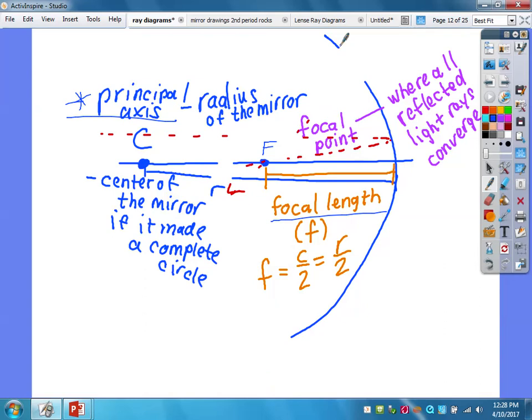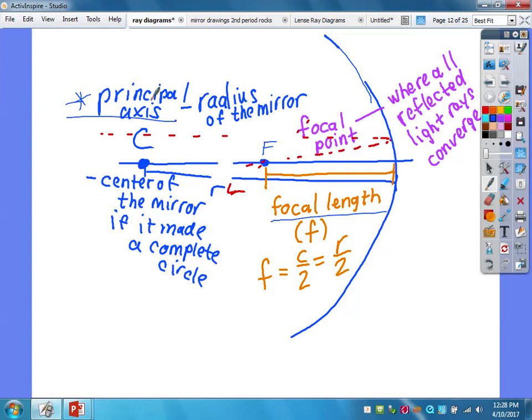This mirror that I have half drawn, where would the center of that mirror be? That is denoted C. You can say the radius of the mirror, that's fine, but we denote it as C. The principal axis is the distance from the center all the way to the mirror edge itself.